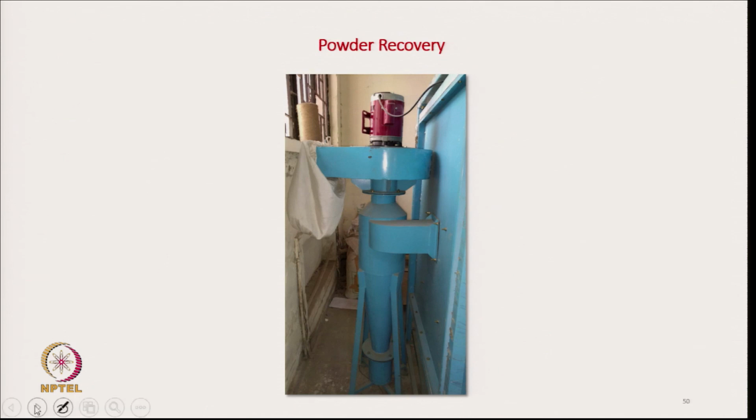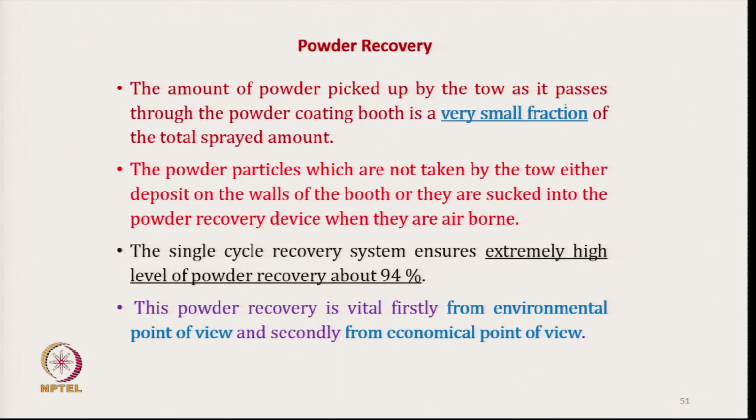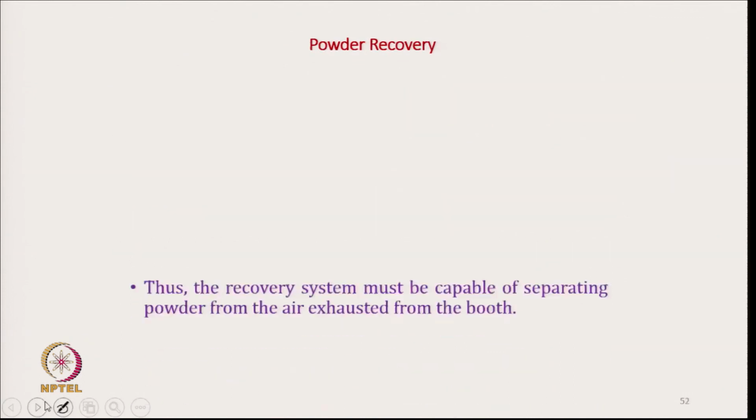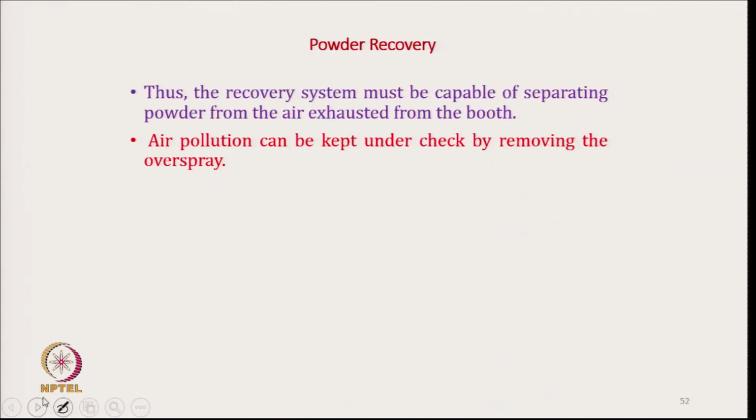As I have mentioned, only a very small fraction is used, and typically 95% of the powder has to be recovered, otherwise it will go to the environment, and economically it is a loss. It has two types of particles, one is coarse particles, another is fine particles.